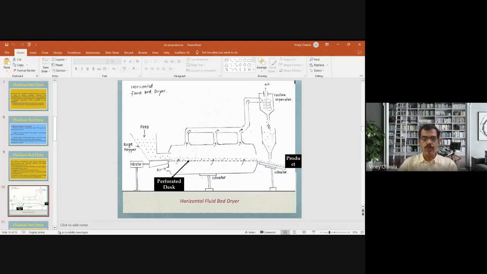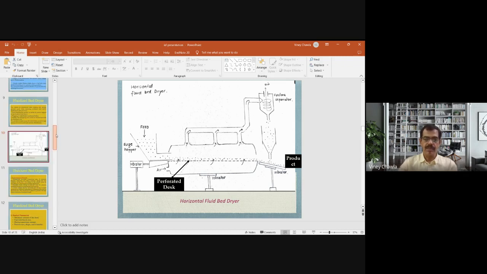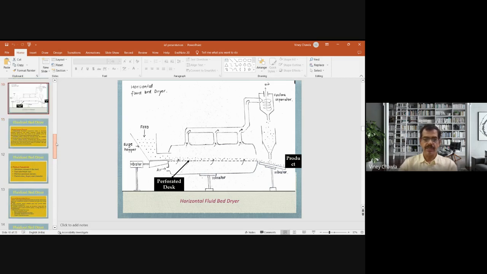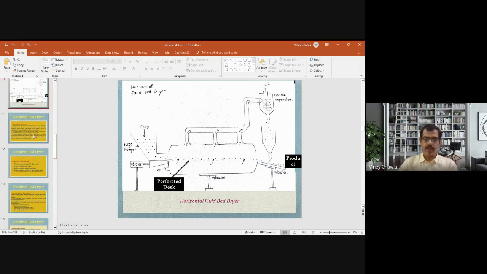So the cyclone product falls back along with the drying chamber product, and the final product is a mixture of the cyclone product and chamber product. The fines which are collected from the cyclone separator can be fed back to the feed or can be used for other purposes. So this is a continuous type of fluidized bed dryer, very efficient in its operations.